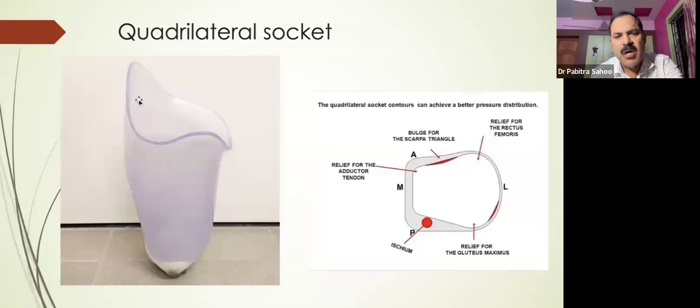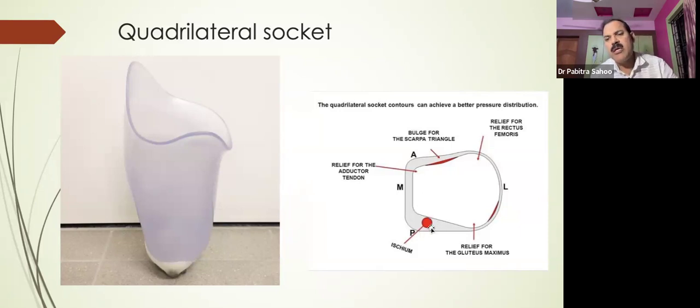So this socket, though an old design, still has good biomechanical properties, with good weight transmission from the stump to the socket. This socket has a decreased anterior to posterior dimension in comparison to the medial lateral. The reason is that the bulge for Scarpa's triangle on the anterior wall pushes the stump toward the posterior wall so that the ischial bone will sit over the ischial seat.